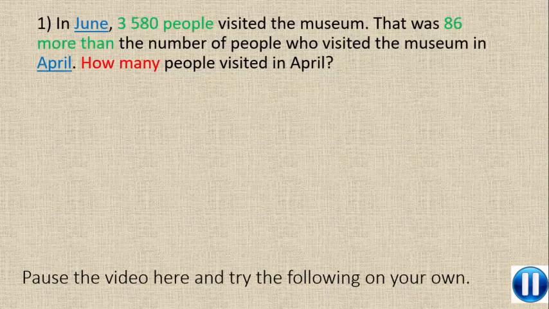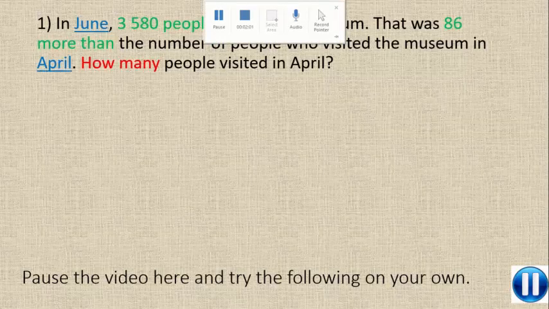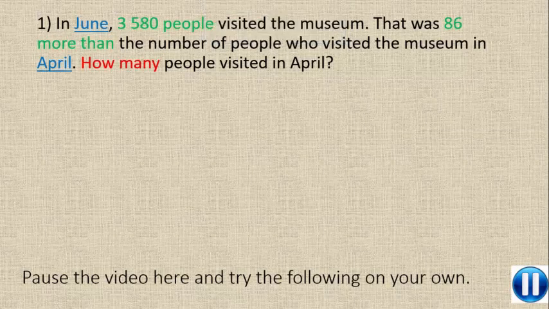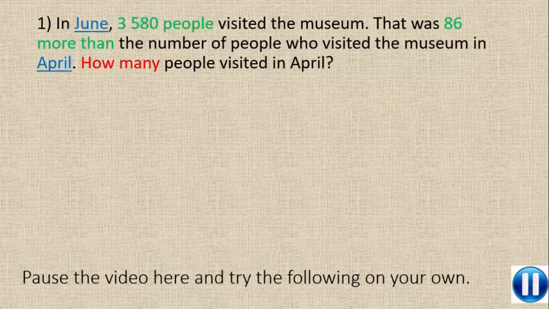So in green, we have 3,580 people. We also have 86 more than. And then we have our two separate occasions, so in June and in April, and our question is how many people.